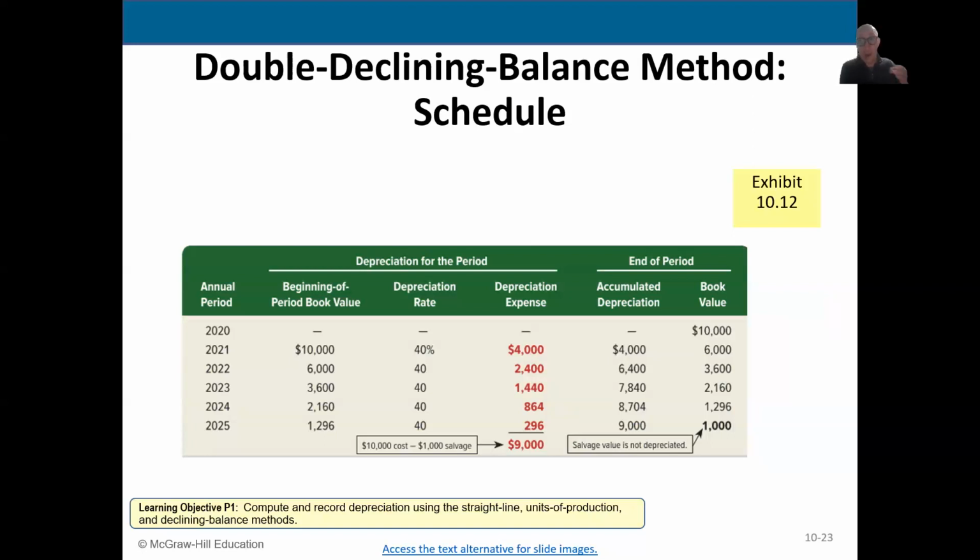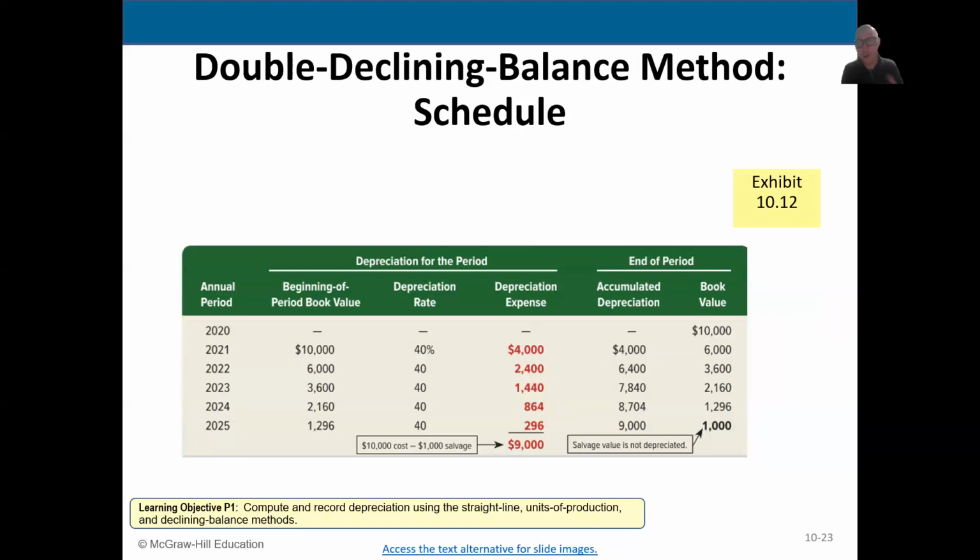Okay? Now that we know that, we take 10,000 minus depreciation expense to get the beginning book value for the next year. In this case, 6,000. You see? We take that new amount, 6,000, times the 40% to get the depreciation expense for year 2.